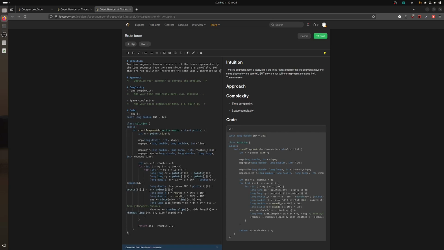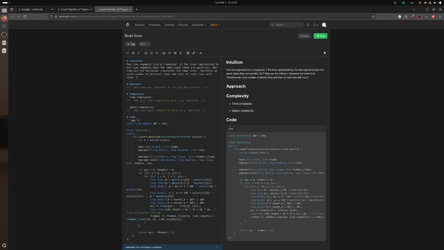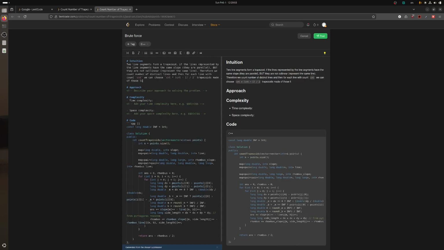Therefore, we count the number of distinct lines, and then for each line with count, we can choose count divided by 2 trapezoids made of those lines.